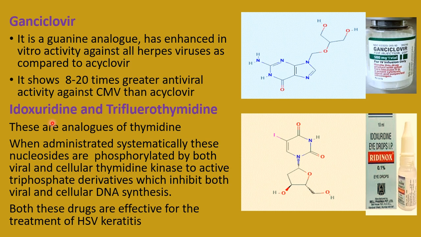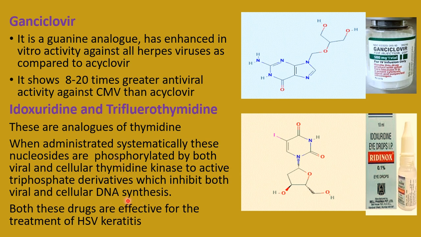Then moving to the next one, idoxuridine and trifluorothymidine, which are thymidine analogs. When administered systemically, it is phosphorylated by thymidine kinase to an active triphosphate derivative, which inhibits viral DNA polymerization, the same thing, DNA synthesis.